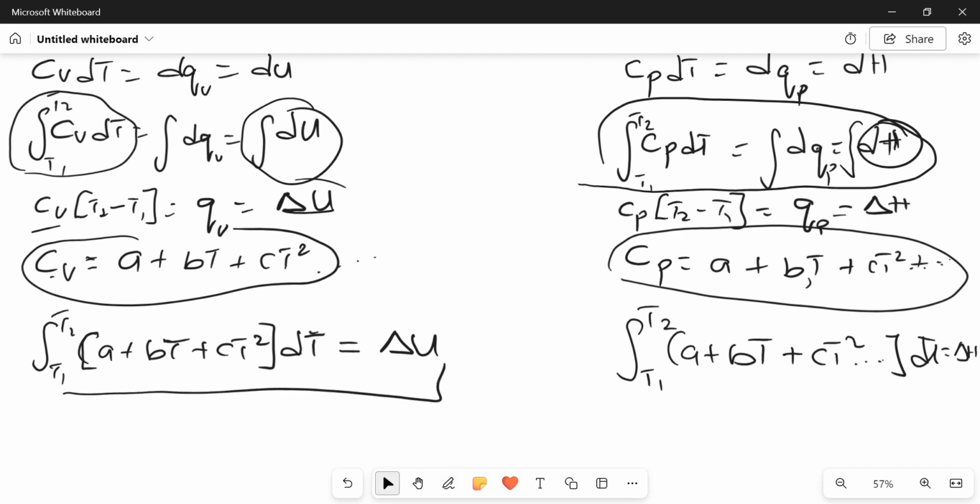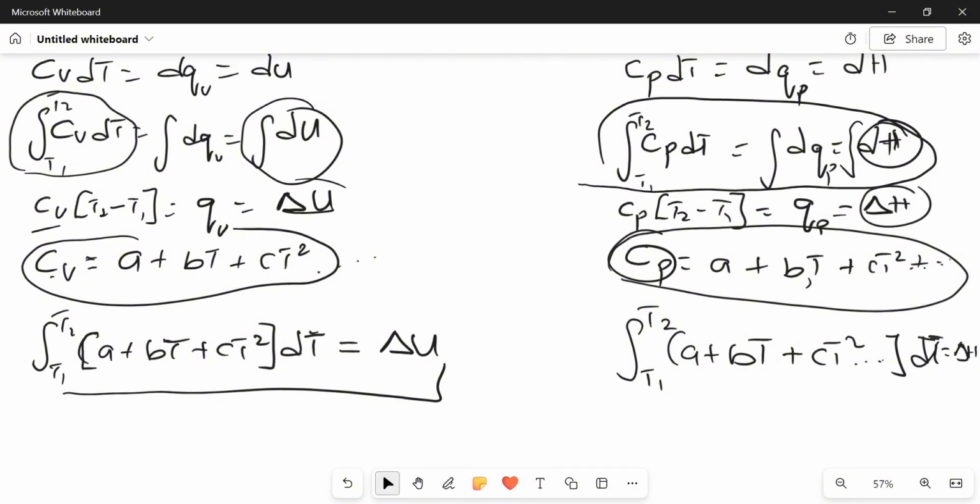If they give us our CV in terms of A, B and C as a function of temperature, the same thing applies. If we are given CP in terms of A, B and C as a function of temperature, we can also write it in this form. So we have actually gotten a particular relationship between CV and change in U. We have gotten a relationship between CP and what?